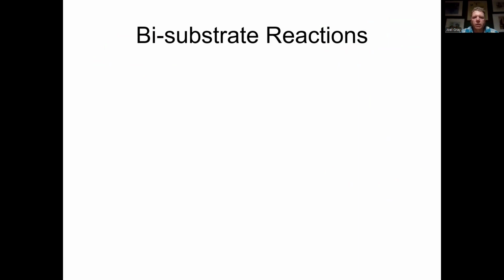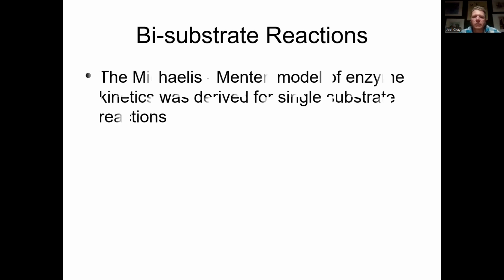Now, understanding that's very important, but here where we're going to go is we are entering our discussion of types of reactions and multi-substrate, multi-product reactions. Specifically, we'll talk about bisubstrate reactions. The Michaelis-Menten model of enzyme kinetics was derived for single substrate reactions. Okay, so it's kind of like A yields B plus C. A yields B. That's it.